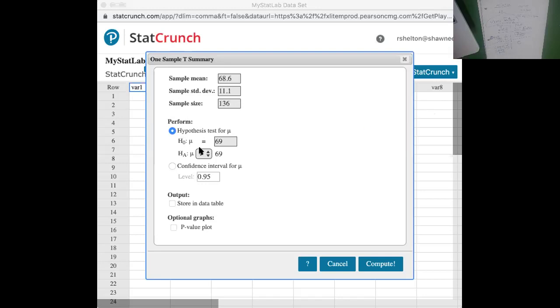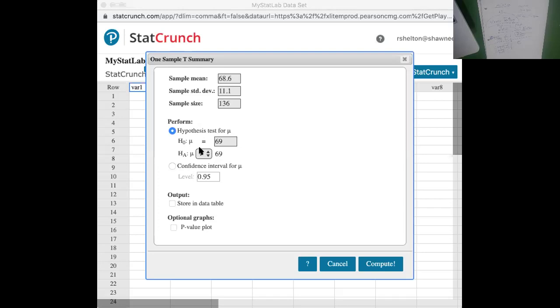Okay, since it doesn't tell us what kind of test it wants, we have to assume that we don't have any prior knowledge about this. So we're kind of ill-informed researchers here if we're actually doing this right now. If we're going to do a statistical test on this population mean of 69 to see if we can support that or not, and we go get a sample, which test are we going to do?